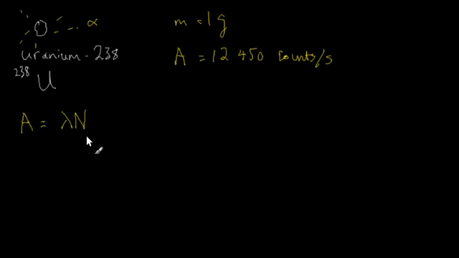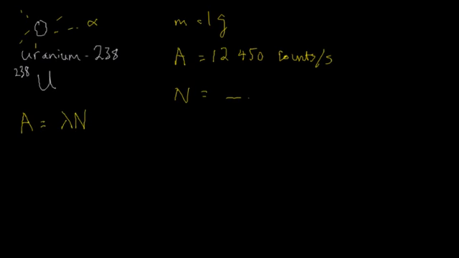I'll talk about that afterwards. But even if we can find n, this equation would only give us lambda. But what we really want is the half-life. So how can we actually find the half-life?